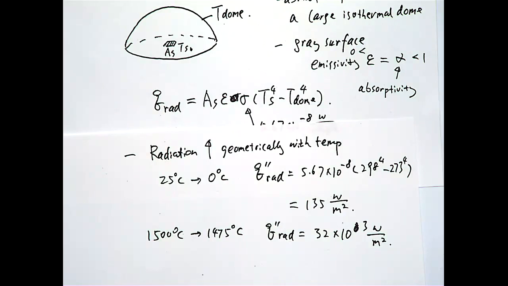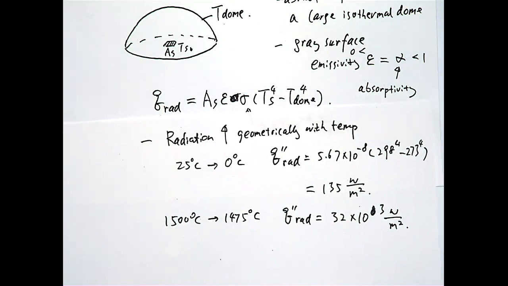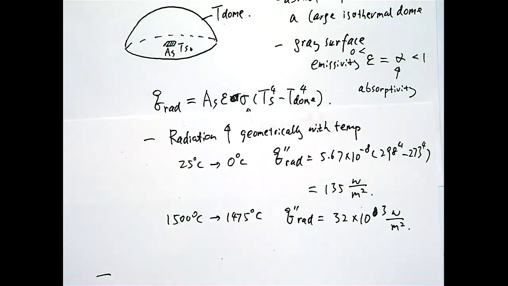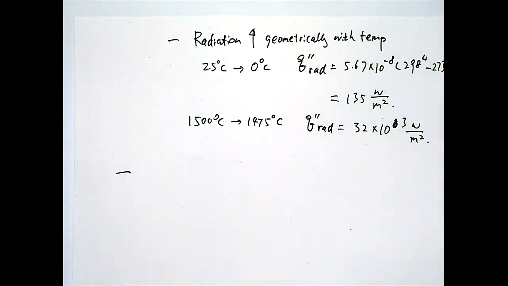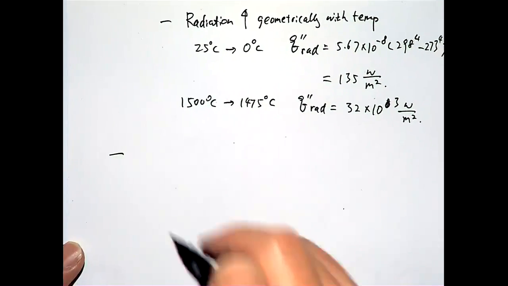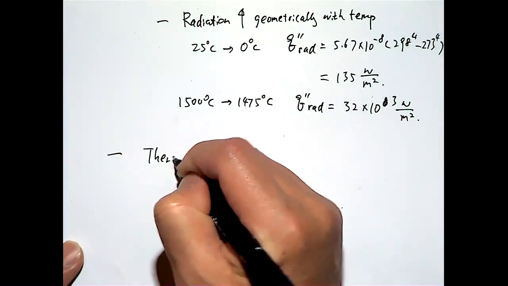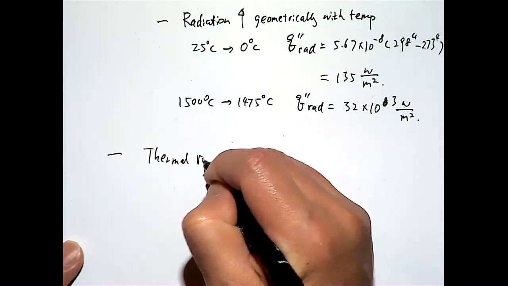All right, so that's basically the three rate equations corresponding to the three modes of heat transfer. A useful concept we are going to discuss next is called thermal resistance.